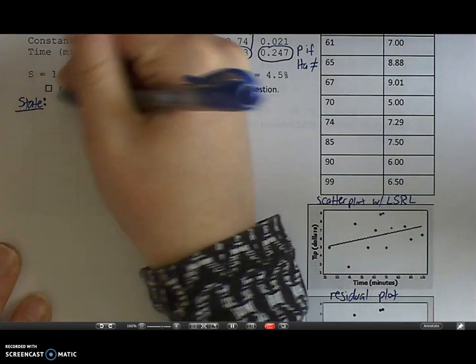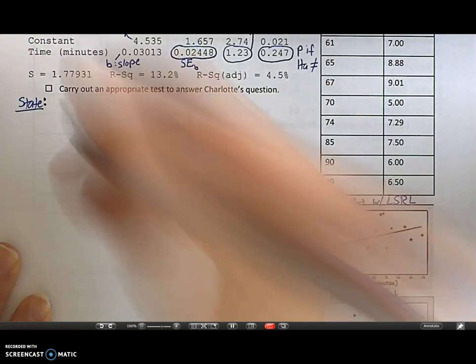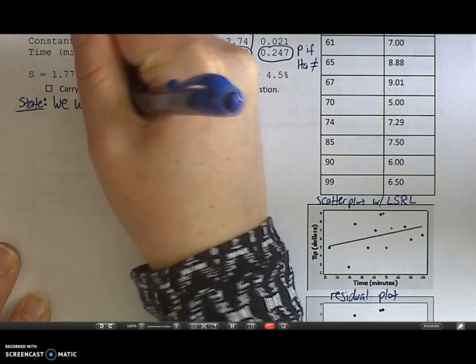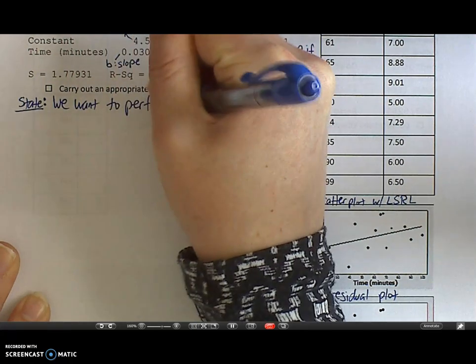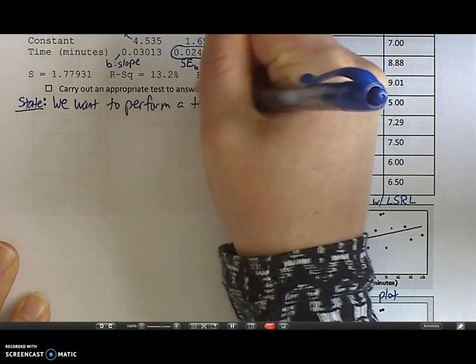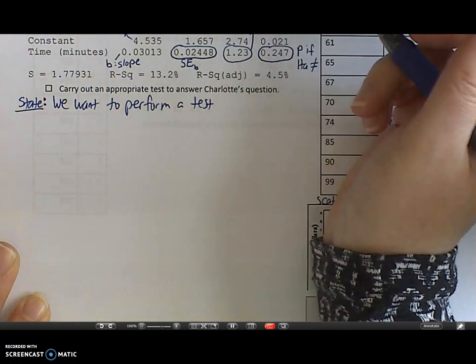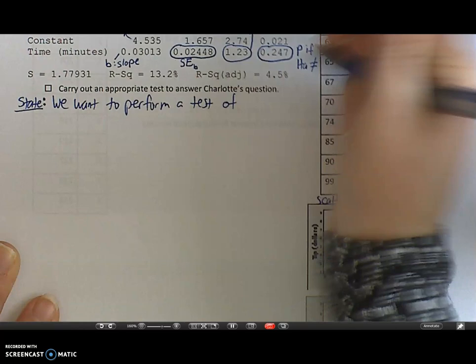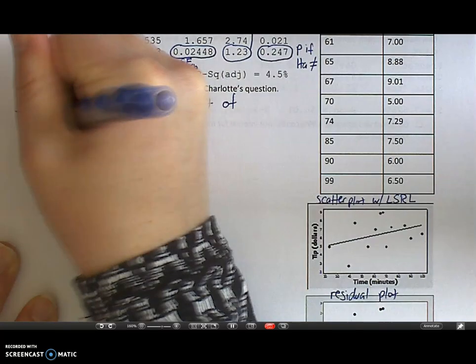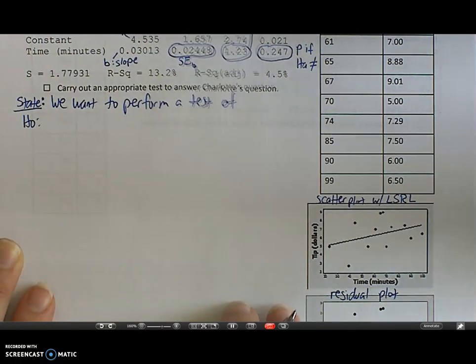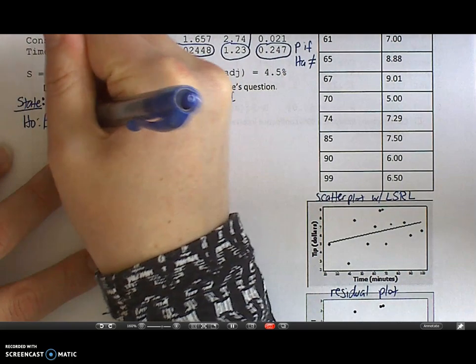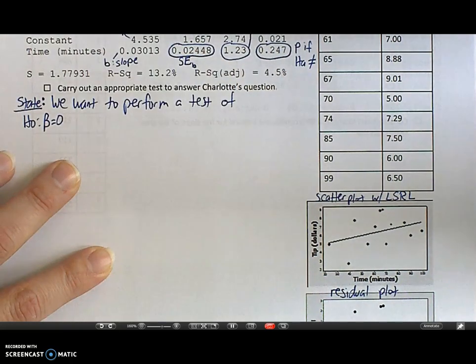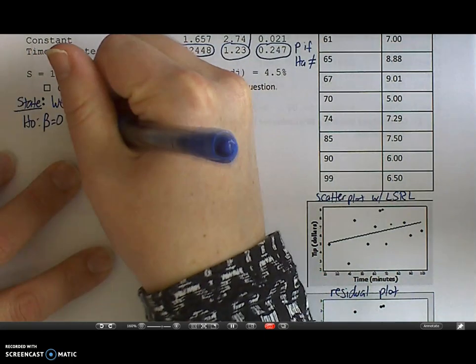So what we want to do is perform a test of, and then here are my hypotheses. My null is that my slope is equal to 0, that's a beta, versus my alternative.